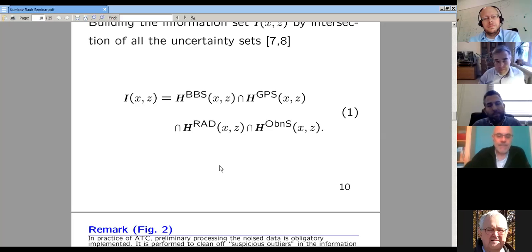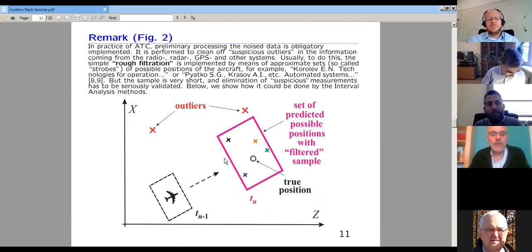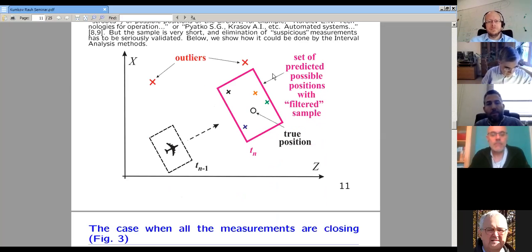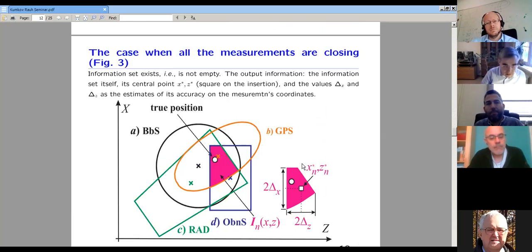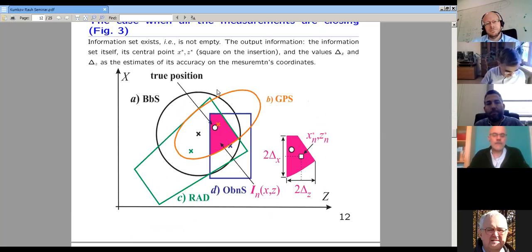Yes, of course, but I can say that usually we trust the measurement systems, and that's what we hope to obtain: the non-empty intersection of these measurements, of these sets.